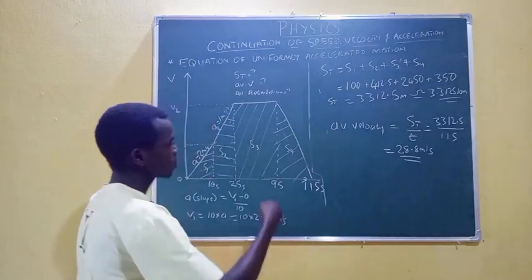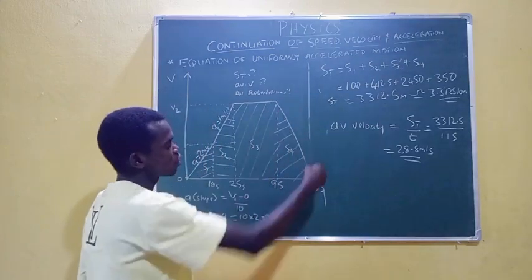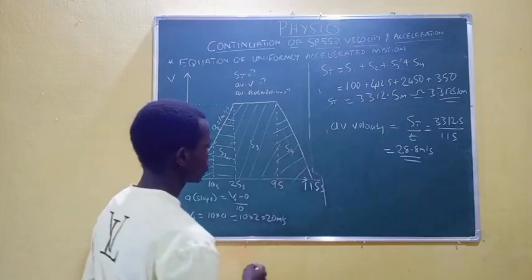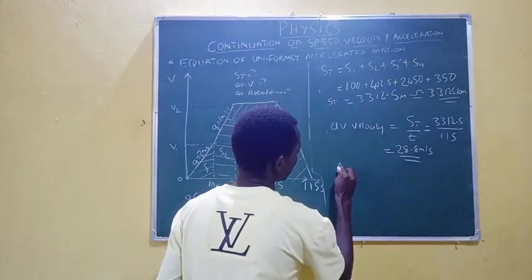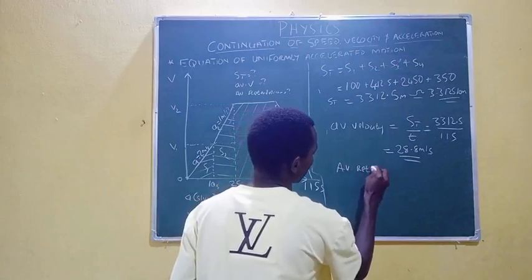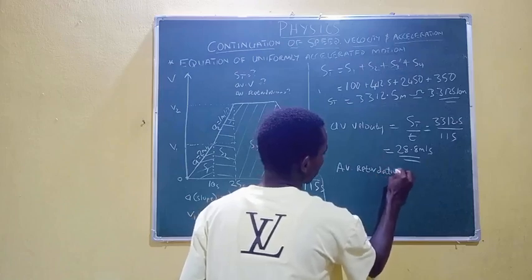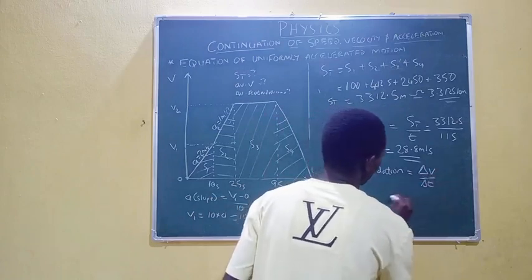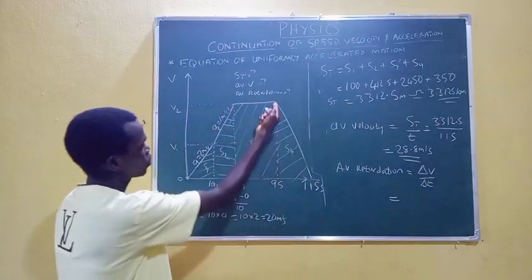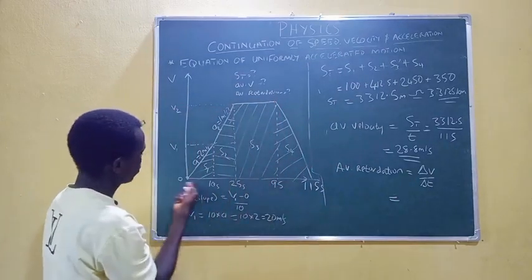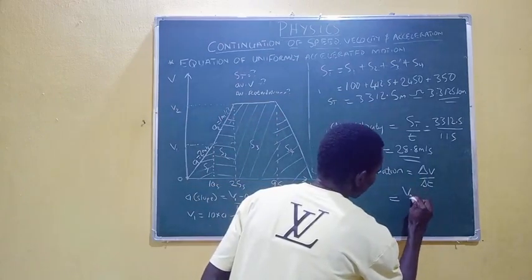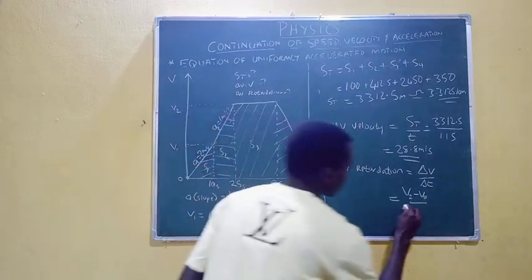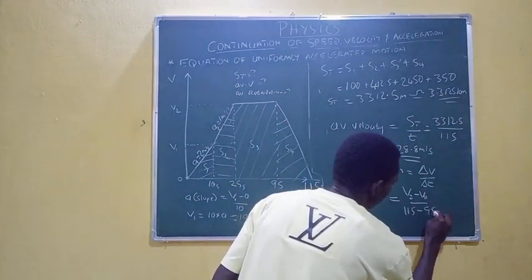And the last question is average retardation. Average retardation is equal to the slope of this decrease in velocity, which is change in velocity over change in time. Change in velocity is equal to v2 minus v0, over 115 minus 95.